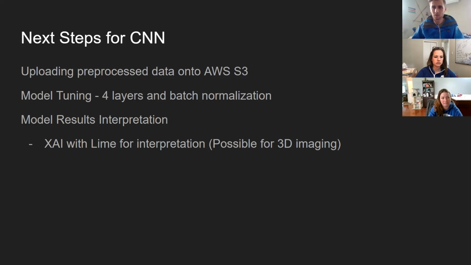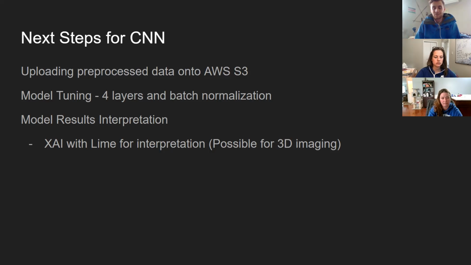I'm going to also dump it in a pickle file into AWS, and then work on model tuning. Stacy helped with some of the parameters here, and we're thinking of doing something similar to a paper we were reading about that's 4 layers with batch normalization in each one, using ReLU as the activation function.